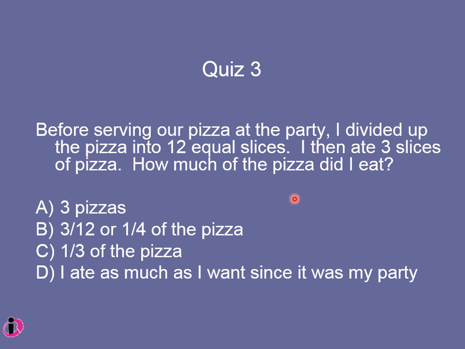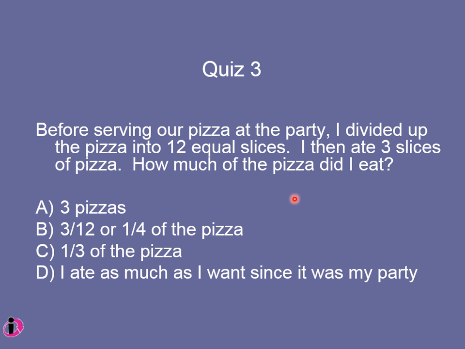Now, think about the original pizza, which is one complete pizza, right? You divided the whole pizza into 12 at the beginning, because there are 12 slices, right? And those are equal slices.